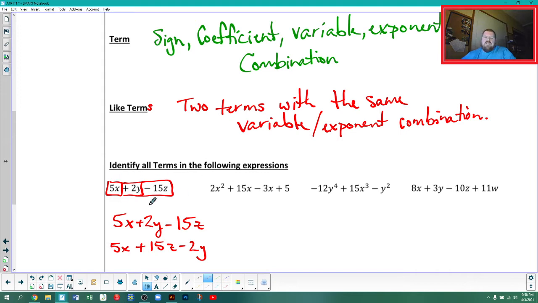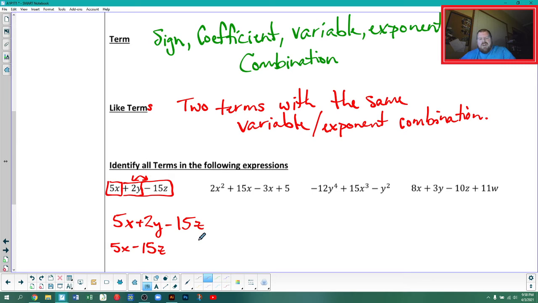But when I think of them as these blocked out pieces, I can switch these two pieces around. This is why I say that a term involves the sign. I can take this 15z and write it next, but I have to write it as a negative 15z. Notice I said negative, I didn't say minus. You might battle me on that, that's okay.